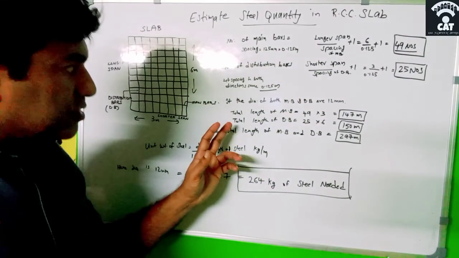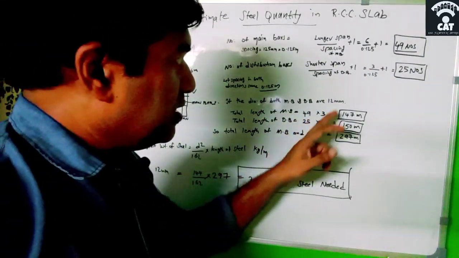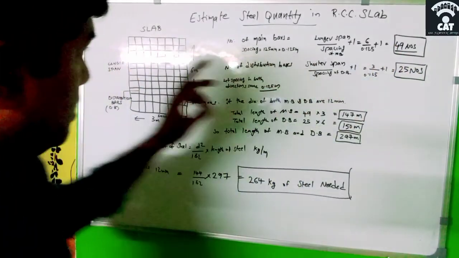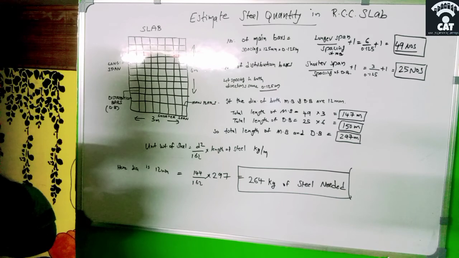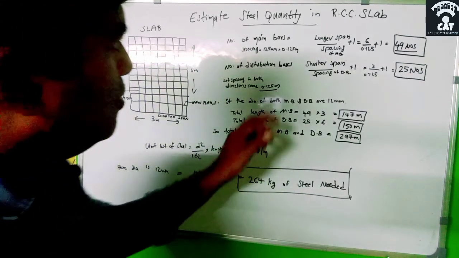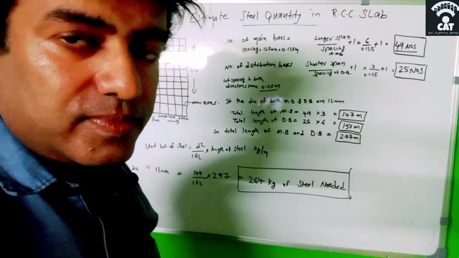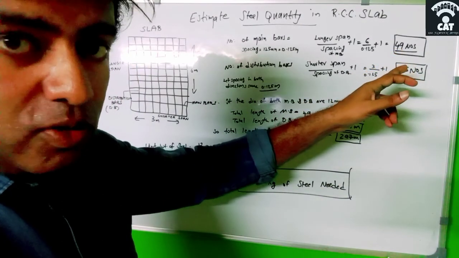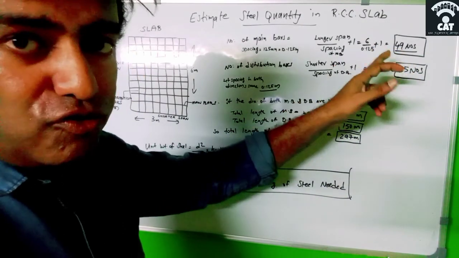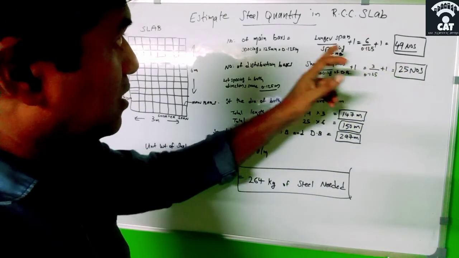So the total length of main bar: we got 49 numbers, but we don't know the total length of the steel for the main bar.